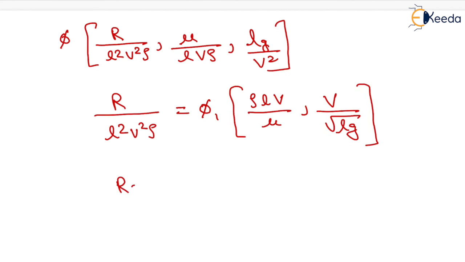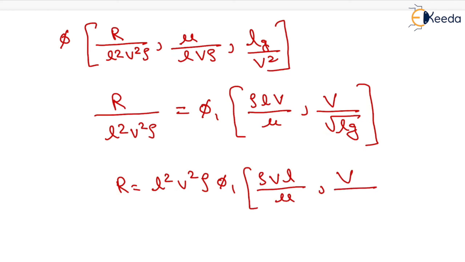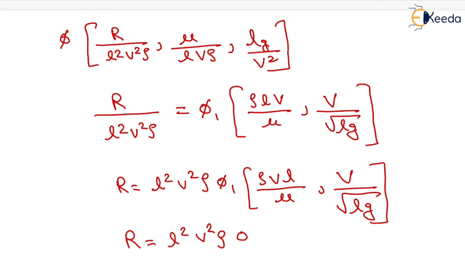Therefore, R will be equal to L square V square rho times phi 1, a function of rho V L upon mu and V upon under root of Lg. So R will be equal to L square V square rho into phi 1, which is a function of Re and Fr, that is the Reynolds number and Froude number. That is the complete solution for this question. Thank you very much, students.